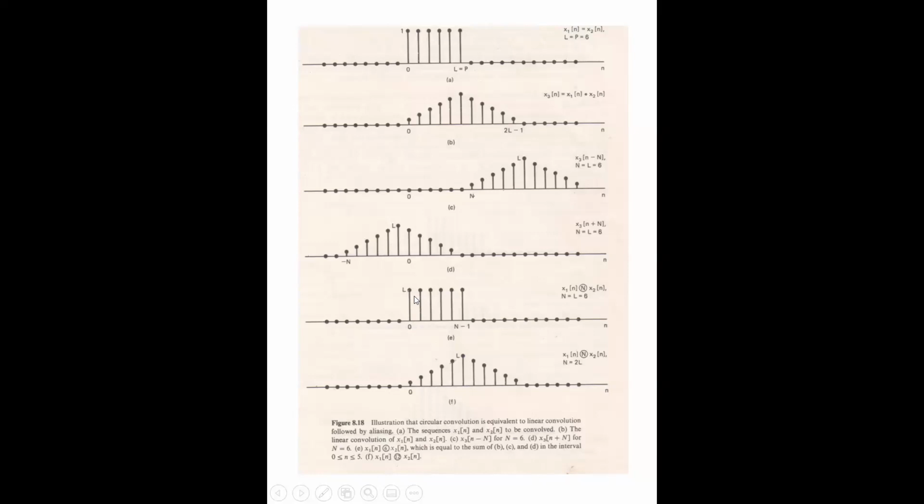At 0 you have this value plus this value, so this will be equal to L. Then you add this portion here, so this will appear on top of this. This value will also be equal to L. What about the next value? The next value is also equal to L. So all the values will be equal to L from 0 to 6.